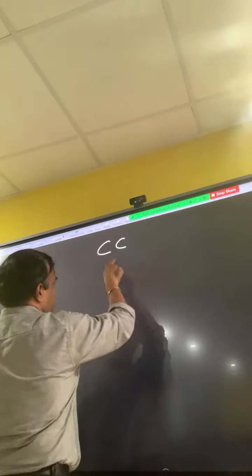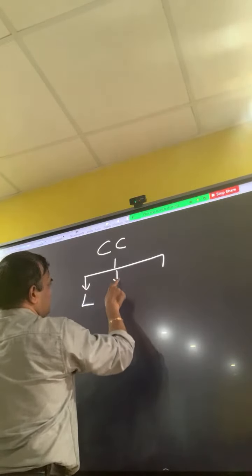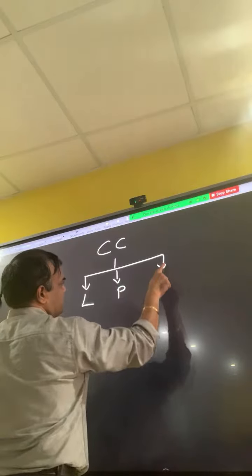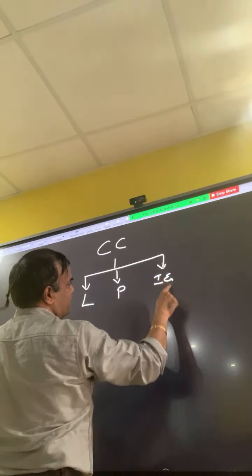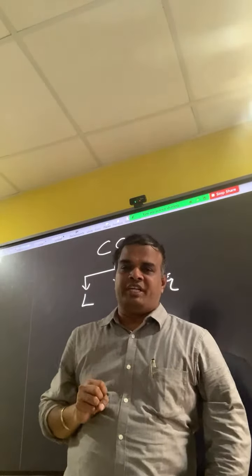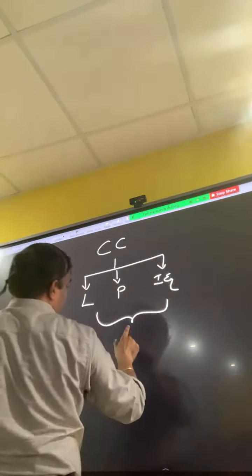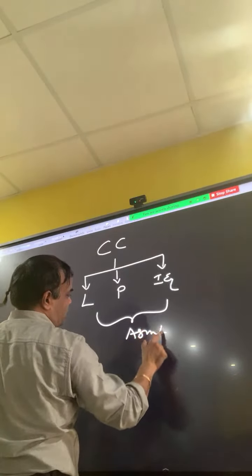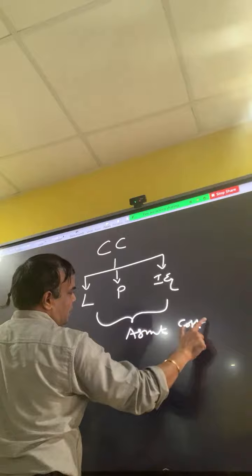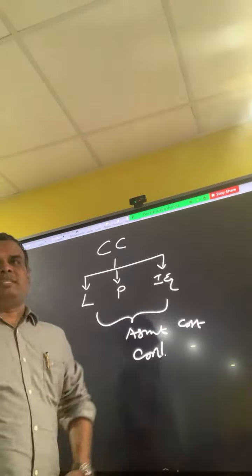Cost center consists of location, person, and item of equipment, or a combination of all, for the purpose of ascertainment of cost and for the purpose of controlling the cost. These are known as cost center.